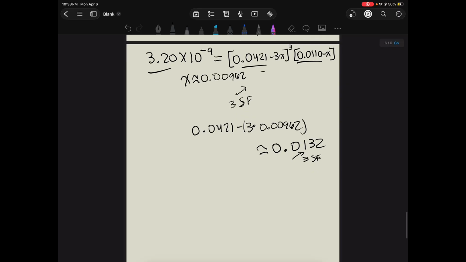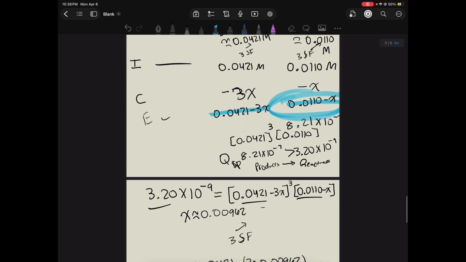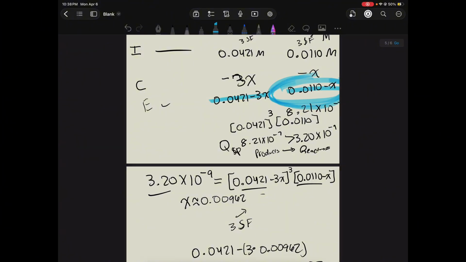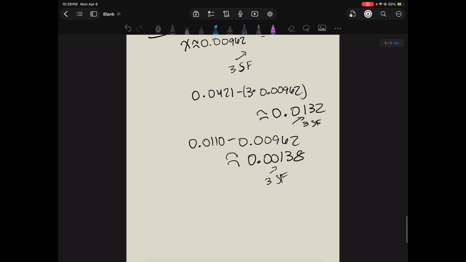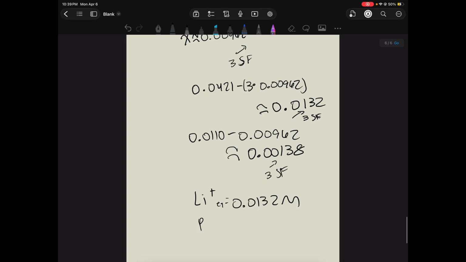Now, following a similar idea, for the phosphate ions we would do 0.0110 minus our x, which is 0.00962, which gets us a value of about 0.00138, and it'd be 3 SF, which means that our final values would be Li plus at equilibrium is equal to 0.0132 molars, and then PO4 3- at equilibrium is equal to 0.00138 molars.